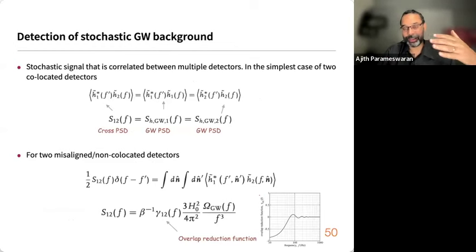However, one can still utilize the property that even though this signal is noise-like, you should see the same signal in multiple detectors. So one can cross-correlate the data between multiple detectors, and the noise would cancel out while the signal would be amplified. That is the technique of stochastic gravitational wave searches.